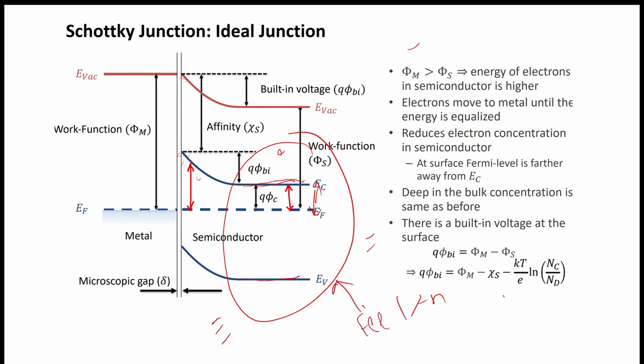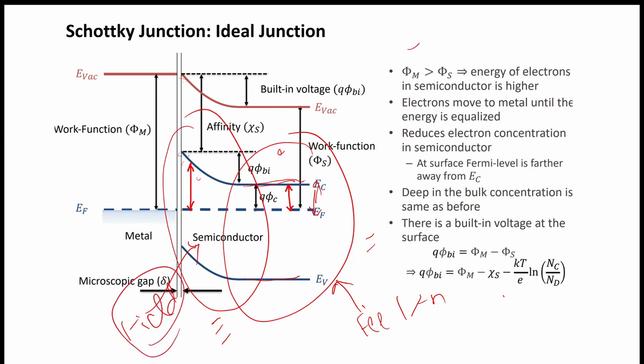In this region there is a slope in the conduction band and the valence band, so there will be a field, as we have already seen in the PN junction. If we put an electron here, it will roll down this side, so the field will be opposite to the flow of the electron.